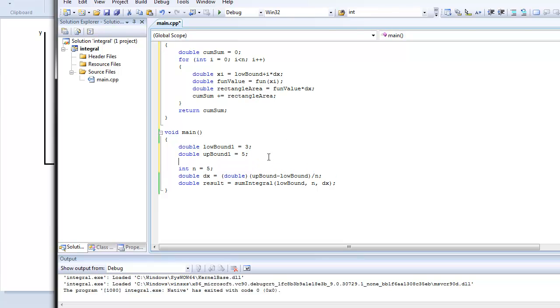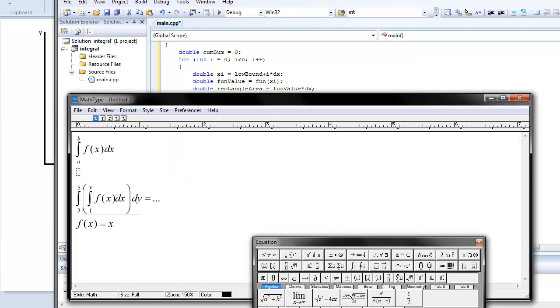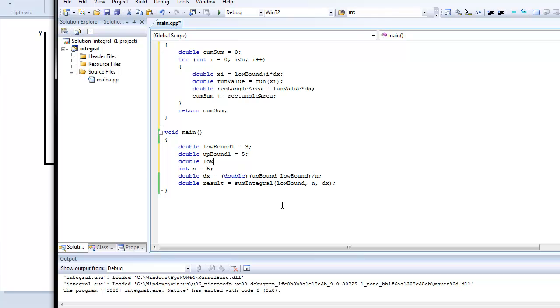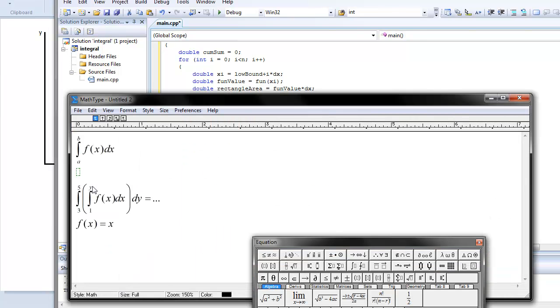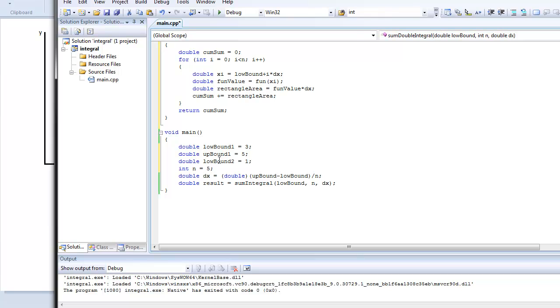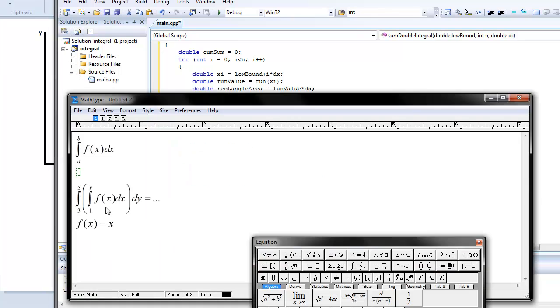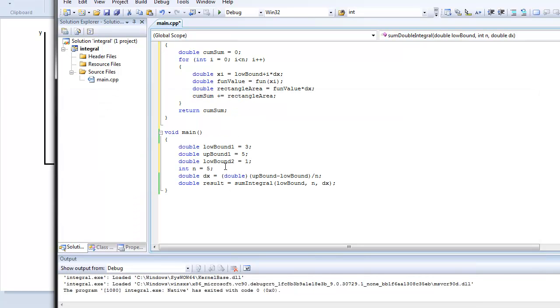And double low bound 2 equals 1. The upper bound we left here unspecified because this is given somehow by the value of y, which is uncertain for us now. So how to tackle this problem?